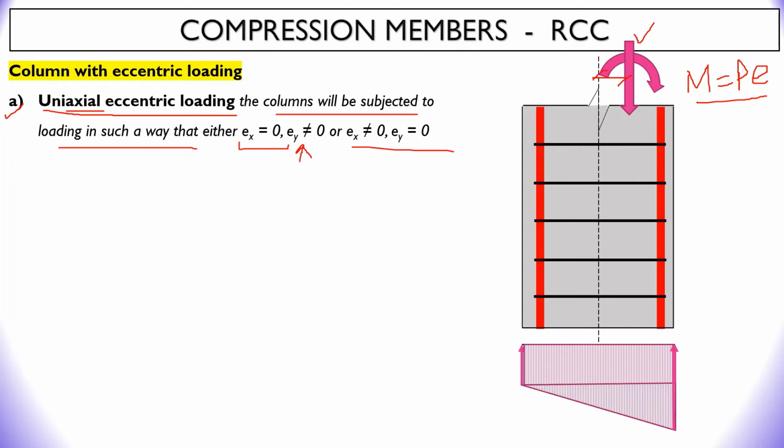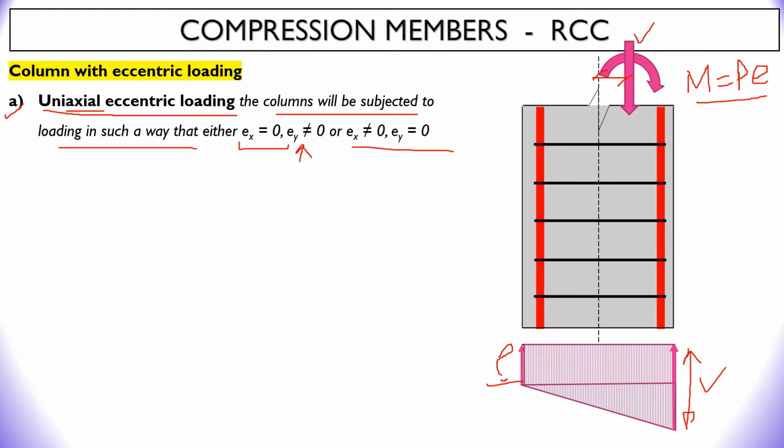And due to this bending moment, bending stresses will also come into play. So you can see here, now this pressure diagram or stress diagram has changed. Here some stress is there, but if you compare the stress on this side, it is greater than the stress on the other side. So there is a triangular type of distribution of stress.